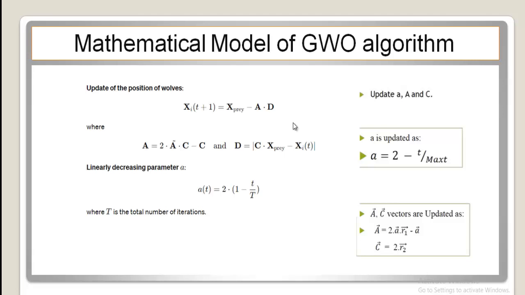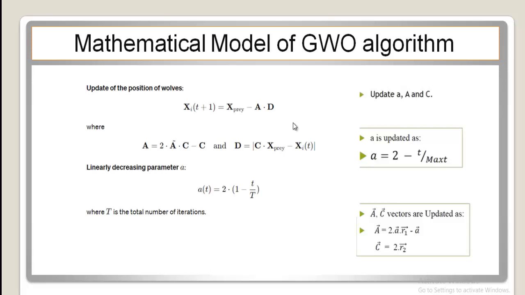And the third equation here is the adaptation parameter small a. This value scales down linearly from 2 to 0 over the iterations t, which shows the balance between exploration and exploitation, and the updating value of small a is being calculated by the equation as we can see here.